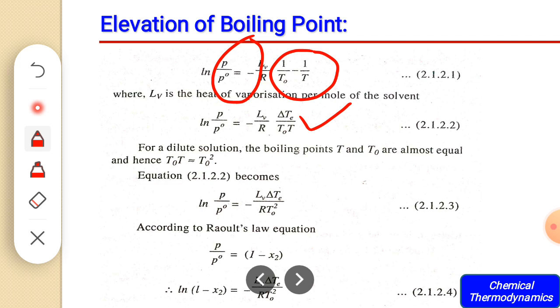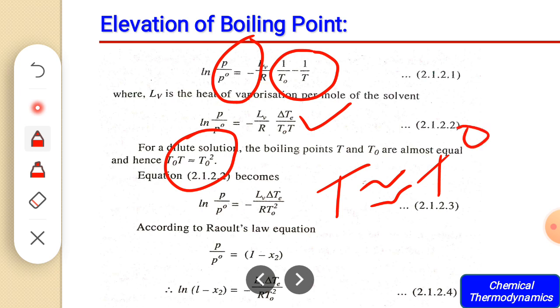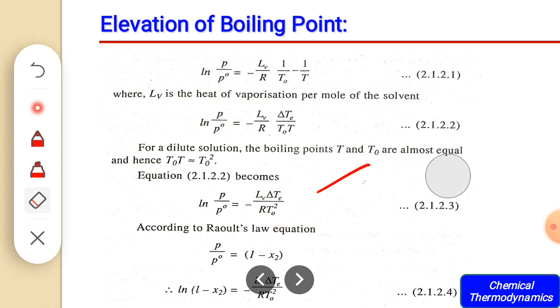As it is a dilute solution, the boiling points T and T0 are almost equal, meaning their difference is very negligible. That's why T is nearly equal to T0. So this is very simple regarding the elevation of boiling point.